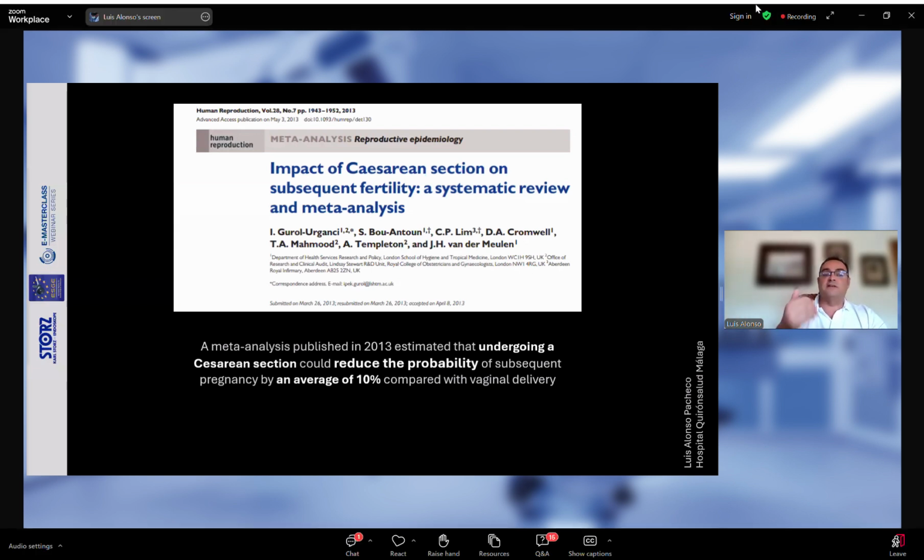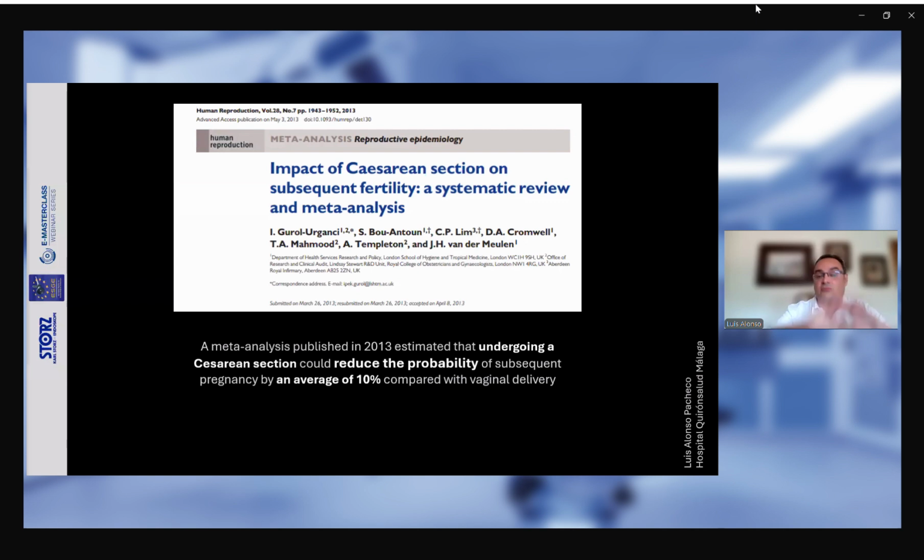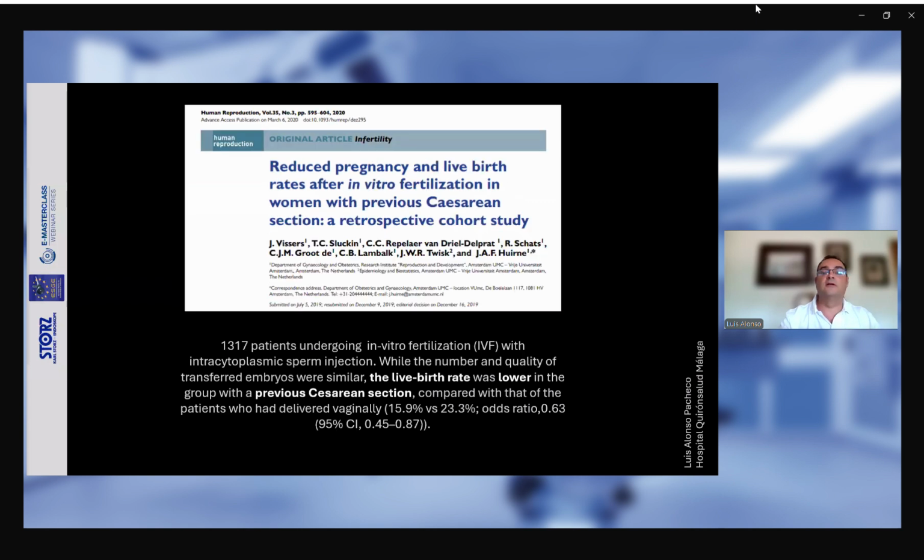Merely having a cesarean section reduces the probability of getting pregnant by about 10% compared with women with a vaginal delivery. However, cesarean scar defects affect fertility not only in cases of a spontaneous pregnancy, but also in cases of IVF, where there is a lower live birth rate compared with patients who delivered vaginally previously.